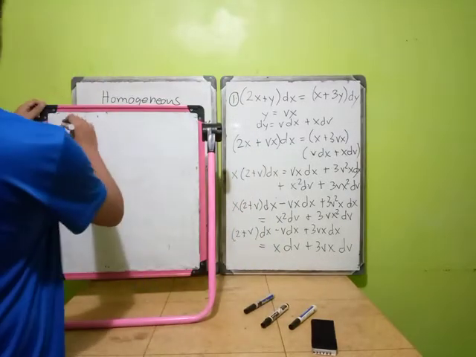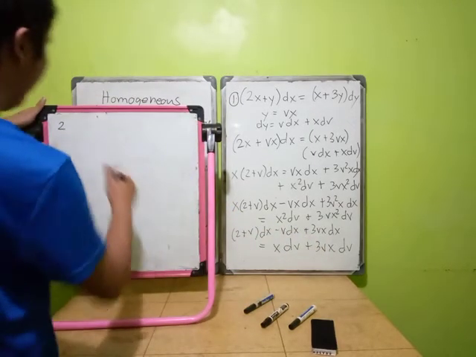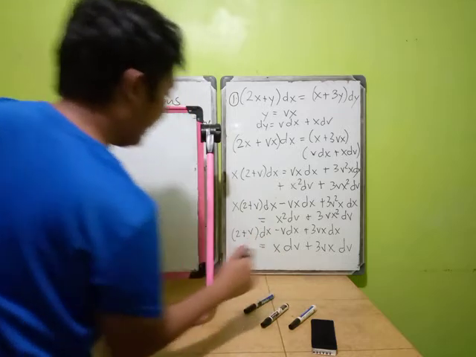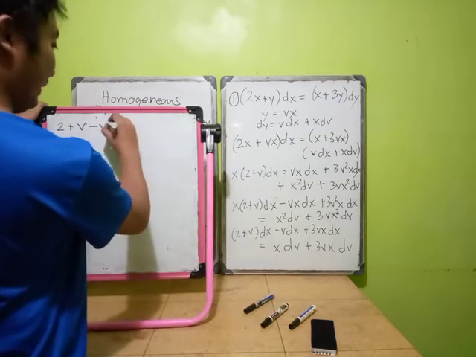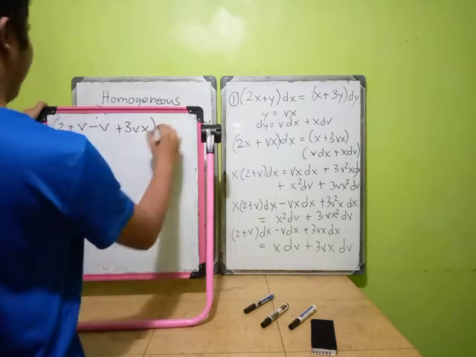Okay, so nagiging 2, okay, kasi may dx na lahat. So 2 plus v, okay, minus v plus 3v x dx.